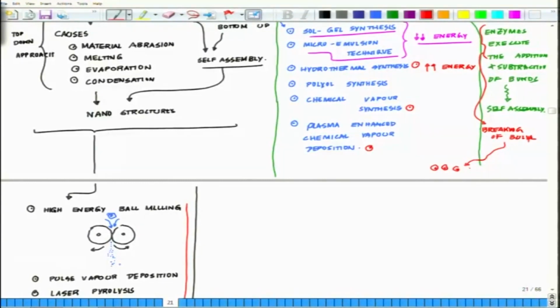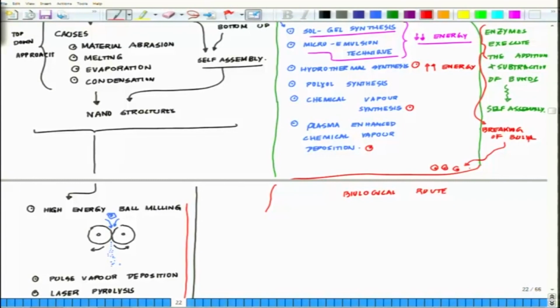So in other words, what we are talking about in terms of the biological route is, we have to understand.